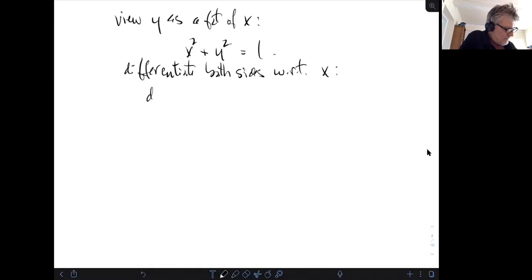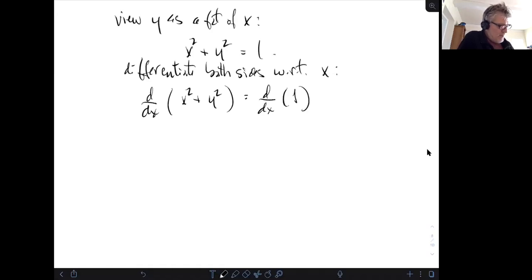Okay, so I take the derivative with respect to x on both sides. Again, you can think of y as some unknown function of x. This is just a big box, and inside is some big expression involving x, but you don't care. Okay. So I can differentiate this.